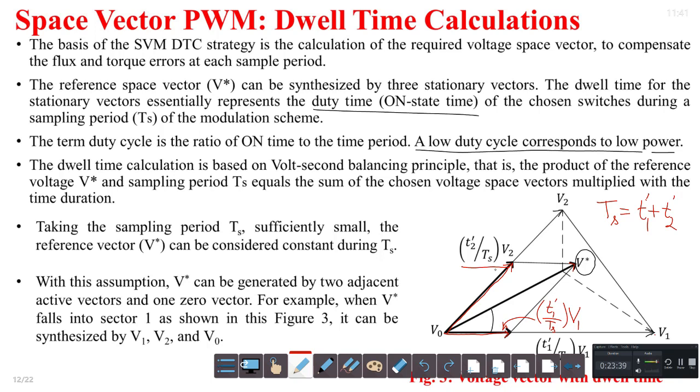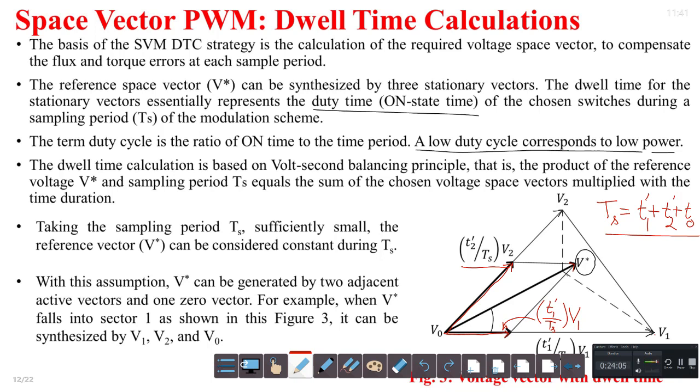Then the remaining time is the zero voltage vector, V0 or V7. The total sampling period is T1 dash plus T2 dash plus T0 dash, and in that sample period, because we have applied V1 for T1 dash, V2 for T2 dash, and the remaining is zero voltage, the vector voltage obtained is V star. This is how the reference voltage is generated.